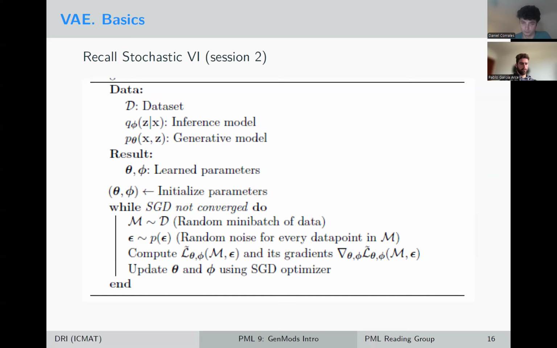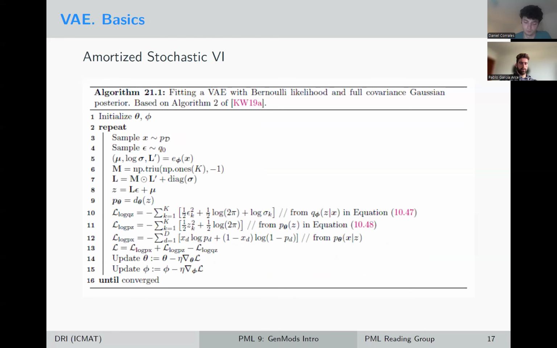That's the generic one. A particular expression of this for a variational autoencoder with Bernoulli likelihood and prior and Gaussian posterior would have this form.